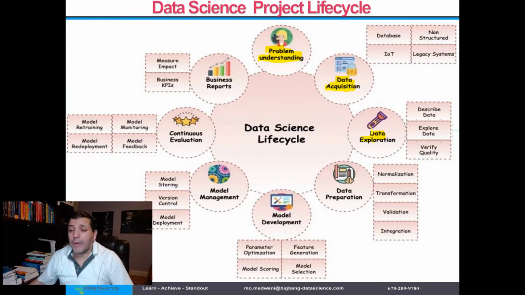So we need to prepare and pre-process, make the data ready. After we explore it, after we understand it, we could end up normalizing the data, we could transform it, validate, integrate, and of course there are a lot of transformation techniques that you could apply to your data to bring it to a specific format needed by the machine learning.